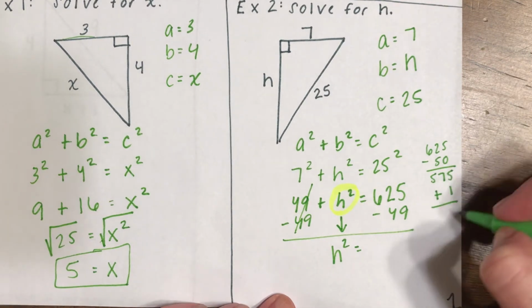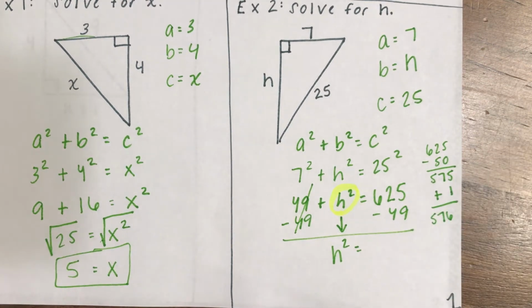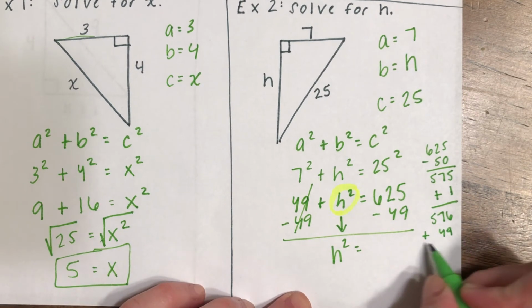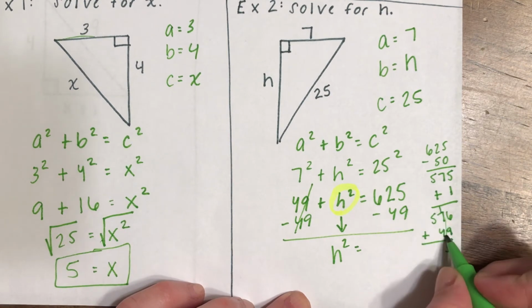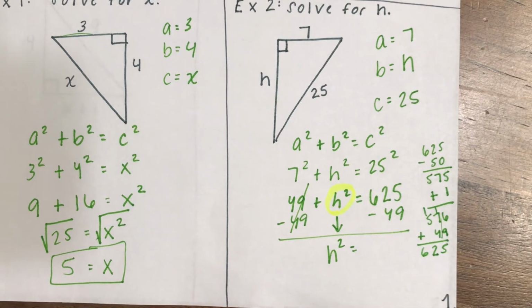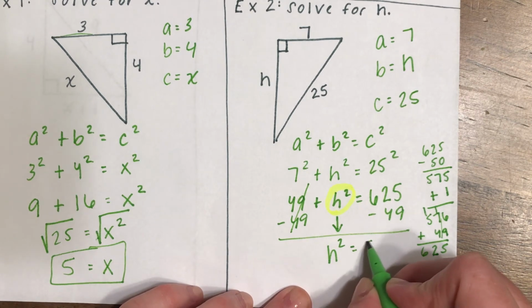So 575 plus 1 would be 576. Okay? And then I can check 576 plus 49. 6 plus 9 is 15. 8 plus 4 is 12. And I get 625. Or you can just type it in your calculator. Either way works.